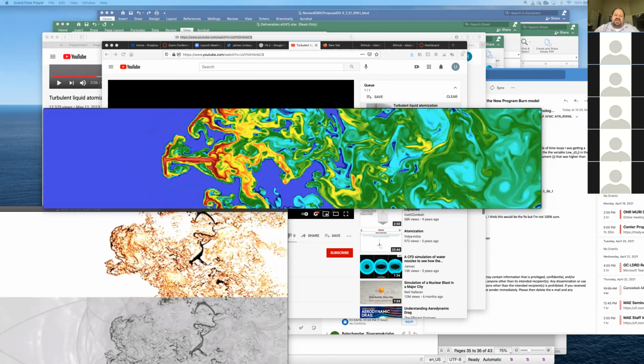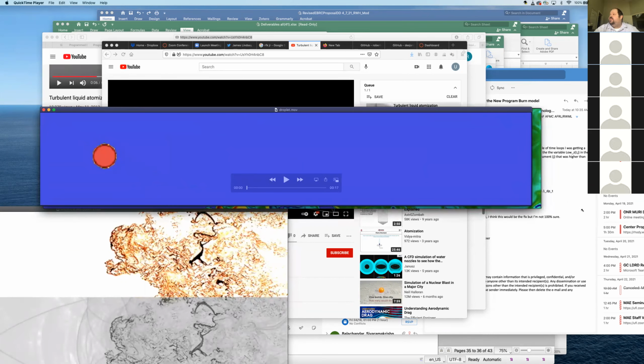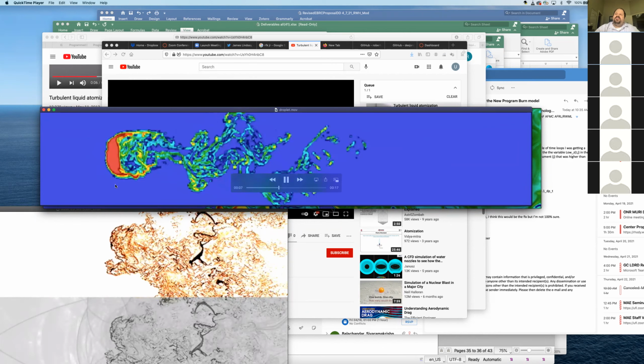Now, when I did the same calculation and I switched to this interface sharpening approach, which forces the interface to be split over no more than 3 or 4 computational cells, then I get this kind of result, where I get a much sharper droplet.